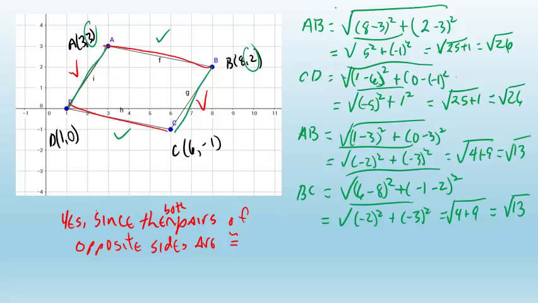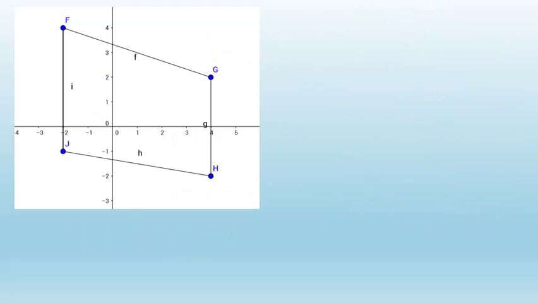All right, well, let's take a look at another one. I believe on that one we're going to use the midpoint formula. All right, so this is guided practice 4B, and I've gone ahead and graphed. Let's see what we have here. The coordinates for F were -2 and 4.